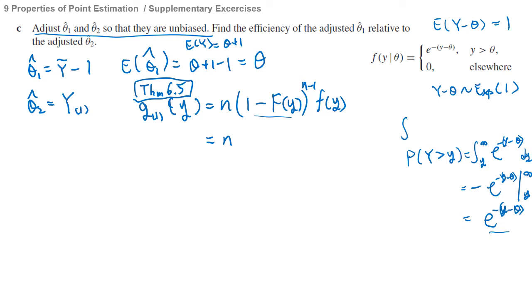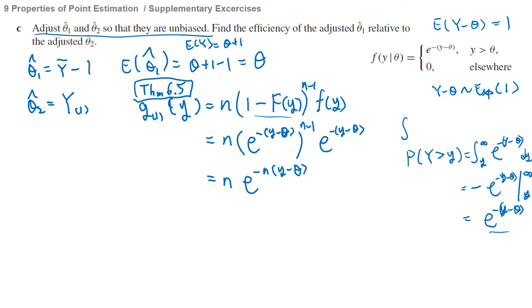So this part is e to the minus (y minus zeta) to the n minus 1th, and f(y) is e to the minus (y minus zeta). Okay, so this is n times e to the minus n times (y minus zeta).